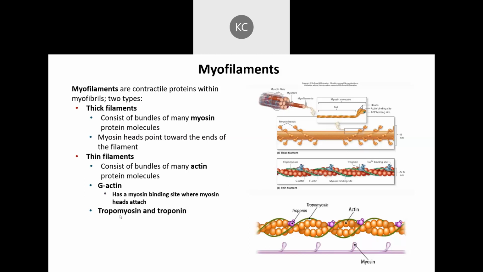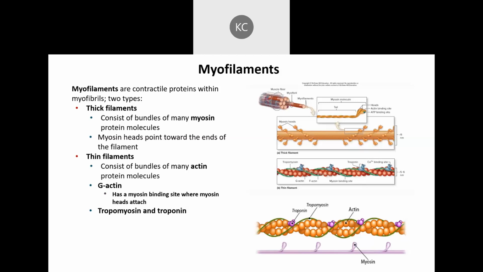The troponin and tropomyosin are referred to as regulatory myofilaments, okay, not contractile myofilaments. The myosin and the actin are referred to as contractile myofilaments, all right? The reason troponin and tropomyosin are considered regulatory is because they regulate the activity of actin and of myosin, all right?